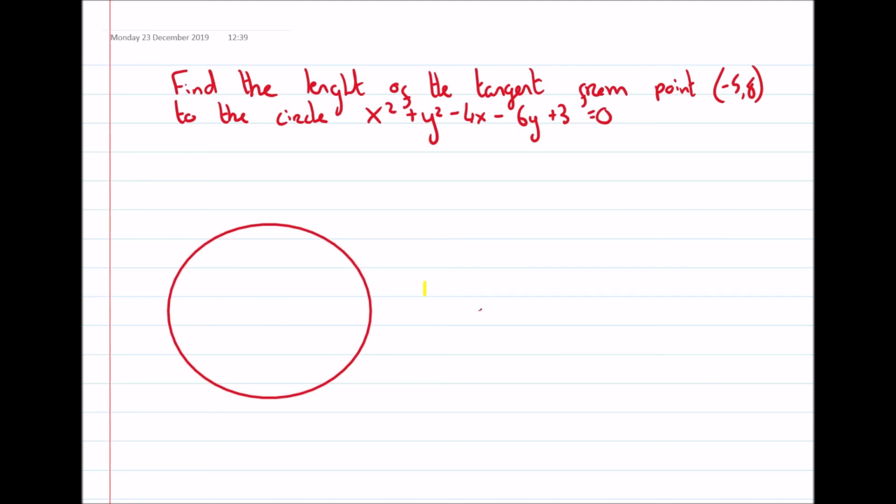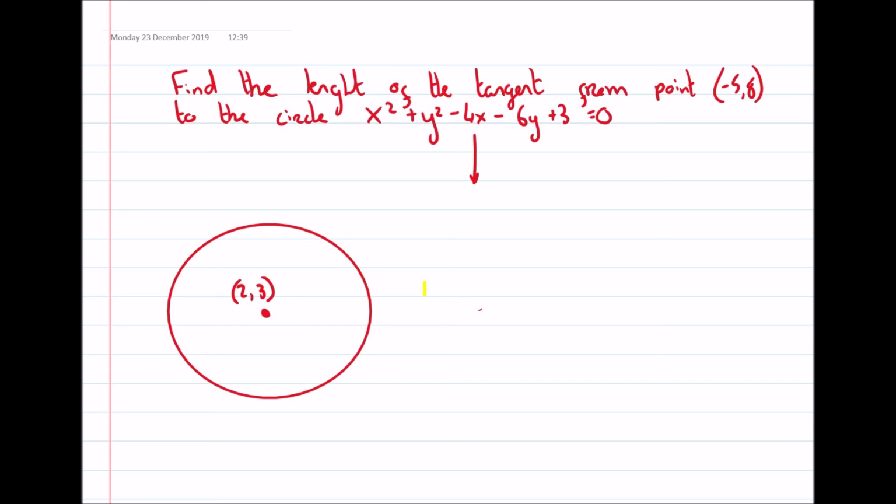And let me think, what's the center of that circle? Well, take this out, so minus 4, half it, minus 2, change the sign, 2. Same with the 6, take it out, half it, change the sign, 3.